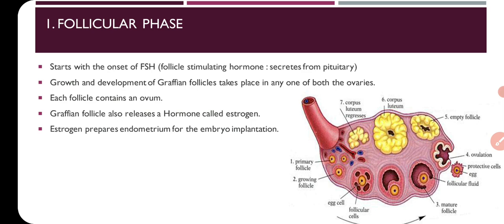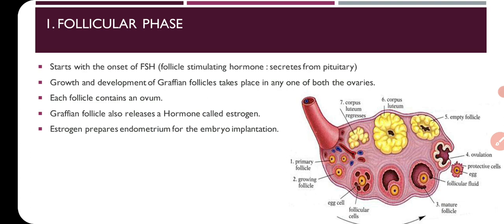This hormone is very important, and it stimulates the follicles present in the ovary, and the follicle is the structure in which the ovum or egg develops and becomes mature. Because of the stimulation of follicle stimulating hormone, the follicle starts to grow and develop, and inside the follicle, which is also known as Graafian follicle, the egg starts to mature.